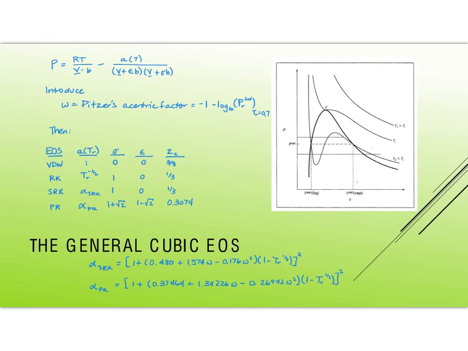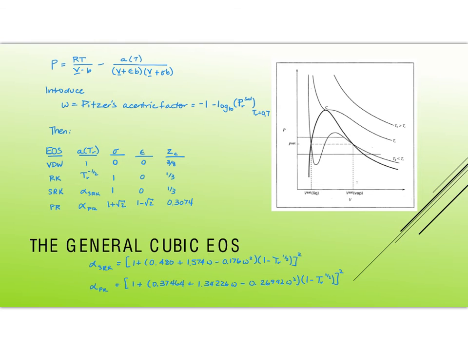Now, some of these are going to require us to introduce the Pitzer acentric factor, omega, which is -1 minus the log base 10 of the vapor pressure in reduced variables evaluated at a reduced temperature of 0.7, or 70% of the critical pressure. If you do this, you see that you get common definitions here.